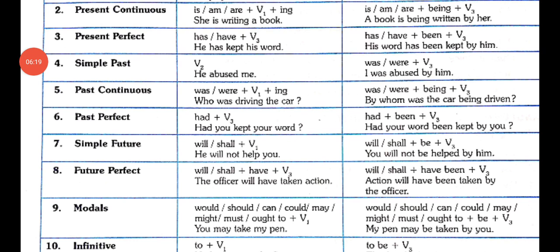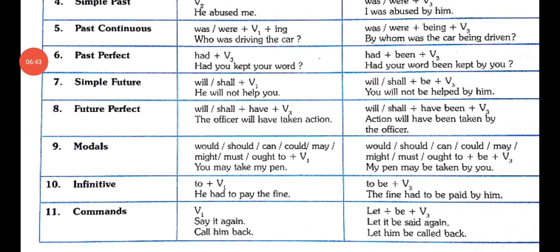Fourth, simple past. In simple past, we always use V2. He abused me. Abuse is second form. So me changes into I. After that, I was abused by him.